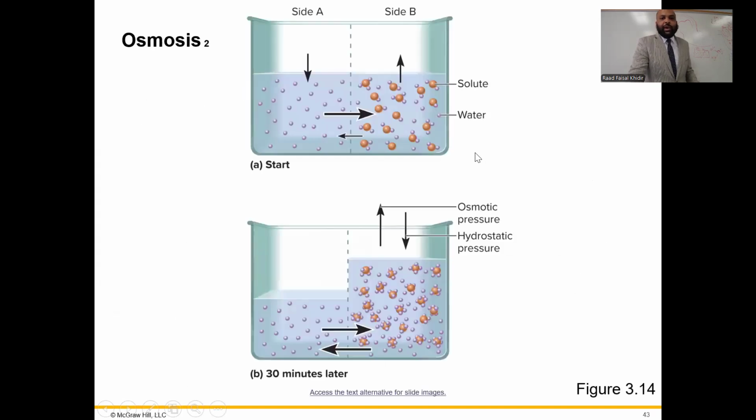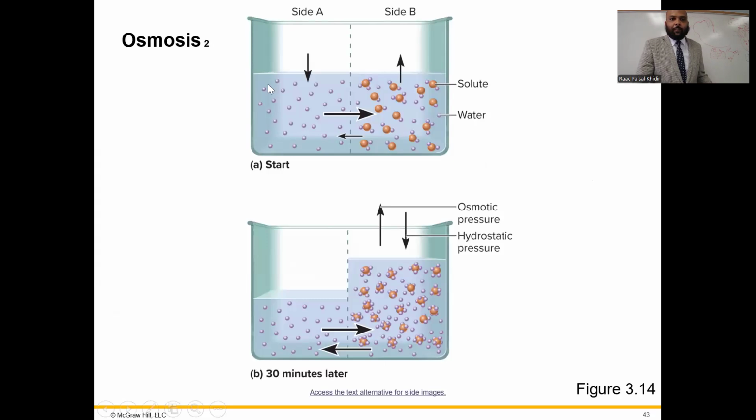Okay, so what do we have here? If we look at this diagram, we see side A and side B both have the same water level. You see? So the issue wasn't in the water.